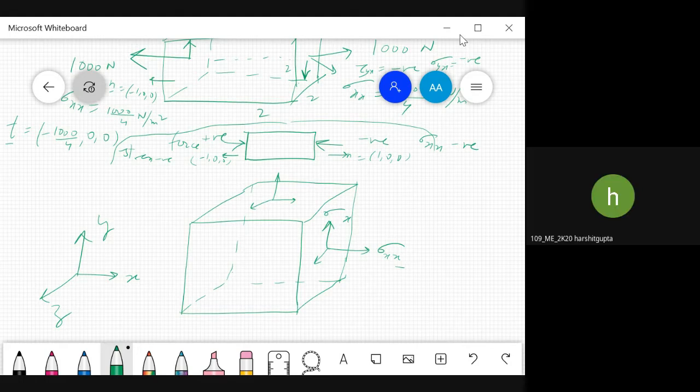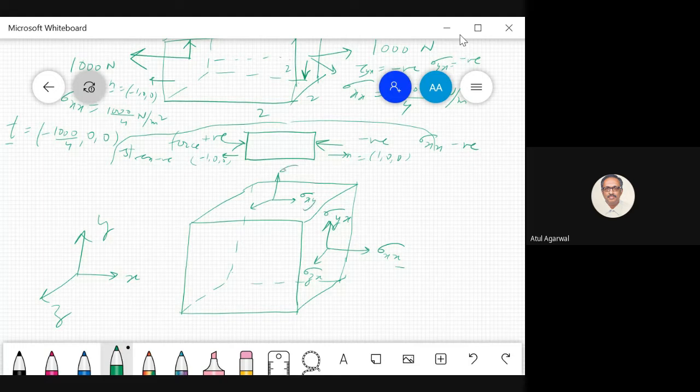Sir, the first index should be the force component and the second one would be the area vector. Yes. Sigma yx. So this is sigma yx. What will be this stress? Sigma zx. Very good. Now, what is this stress? Sigma xy. Very good.